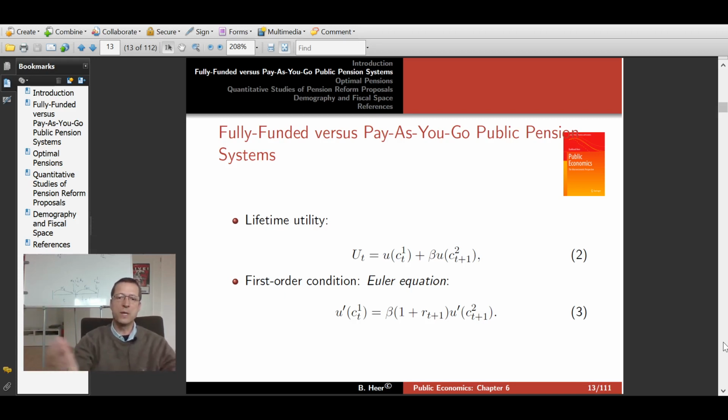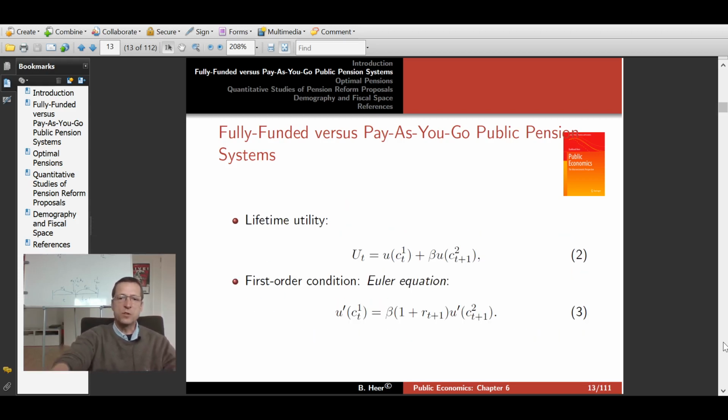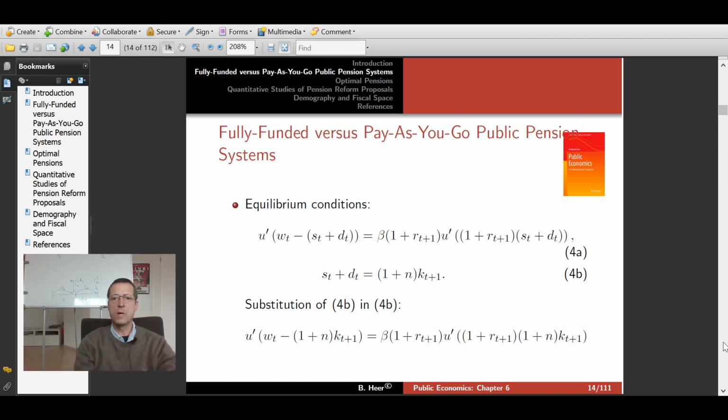Of course, these two marginal utilities must be the same, otherwise we could increase our lifetime utility if we shift our consumption to the period where we have larger marginal utility. And we can substitute the budget constraint for C1t and C2t plus 1 in this equation to derive equation 4a.